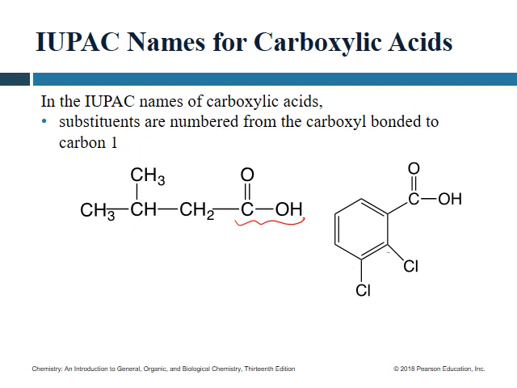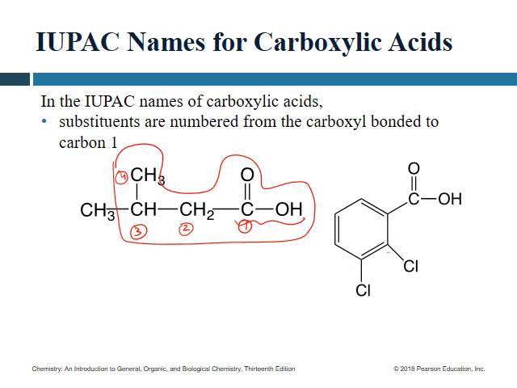How do you name acids? This is your functional group, you start numbering from here. So this is 1, 2, 3, you could go straight, that would give this 4, or you could go up, that would make this 4. So the longest chain either way is 4 carbons. So 4 carbon means the parent chain is called butane, and in this case it's an oic acid, so it would be butanoic acid.